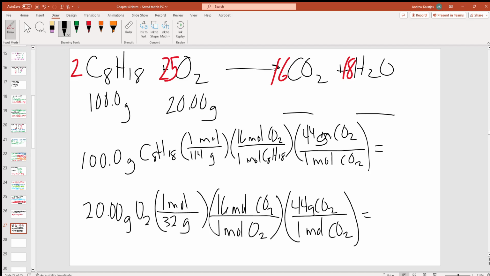So we've got two calculations to do. So what do we get in each case?